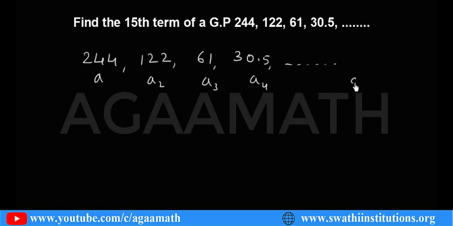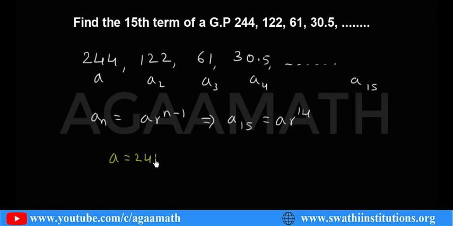We have to find a15. The nth term of a GP, that means an, is equal to a r to the power n minus 1. So a15 is a r to the power 15 minus 1, that is 14. What is a here? A is equal to 244.